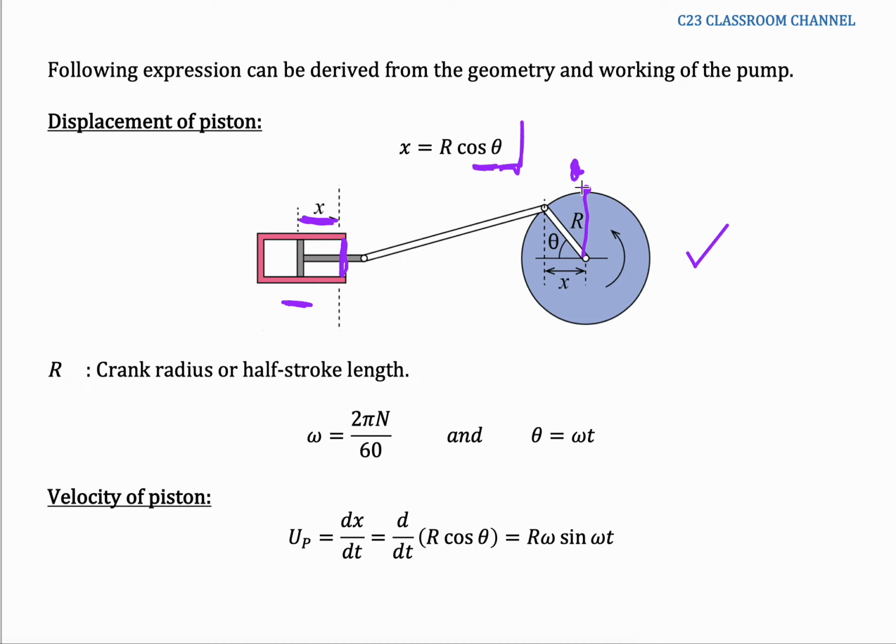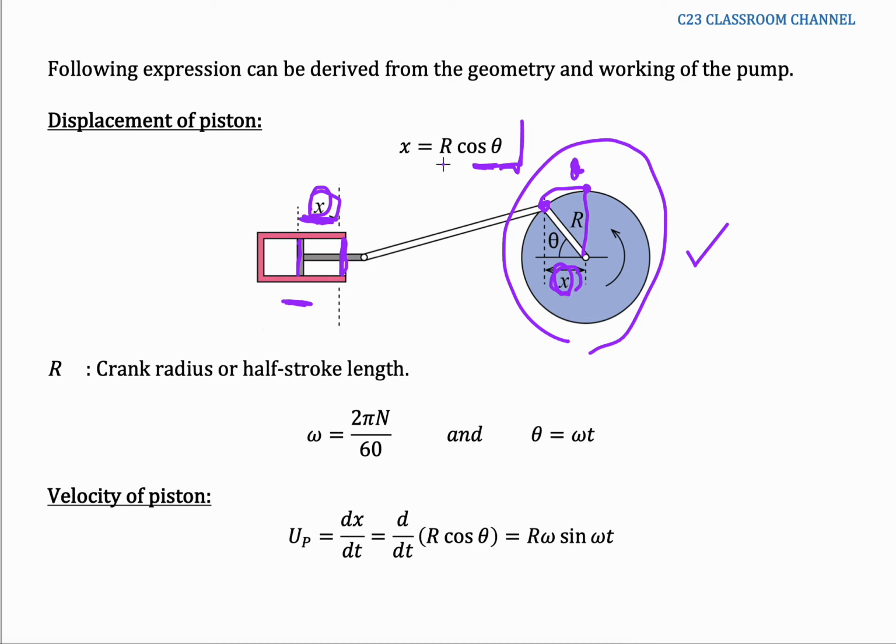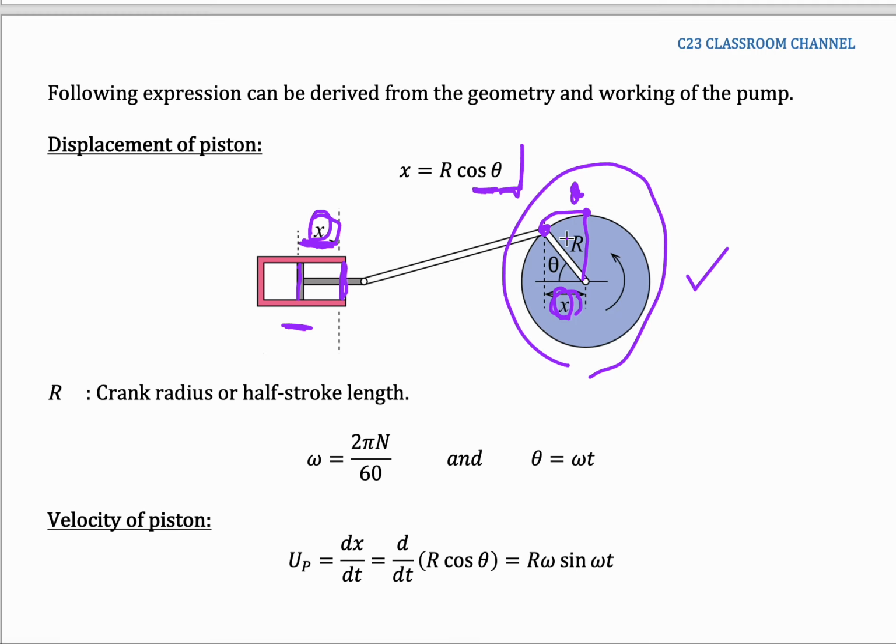Then when it moves by a certain angle, the piston will travel an X distance, which is the same as the distance of this one. According to this diagram, the value of X is equal to R cos theta, where theta is the angle of this one.